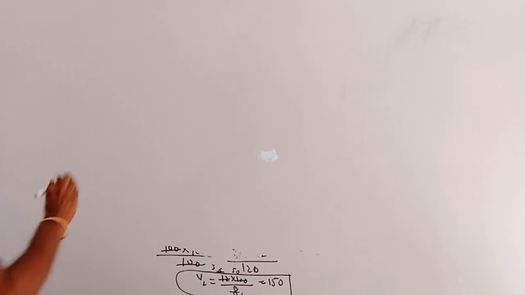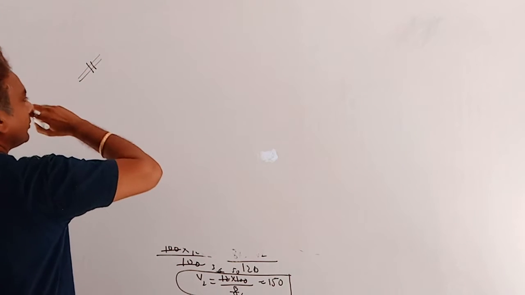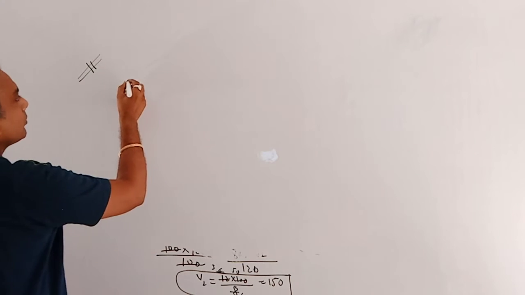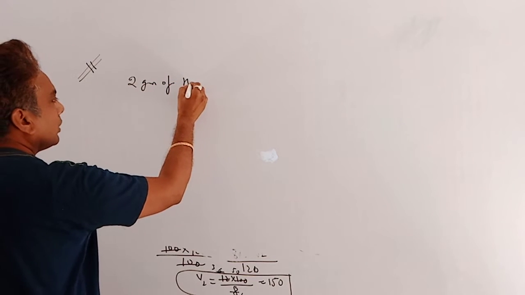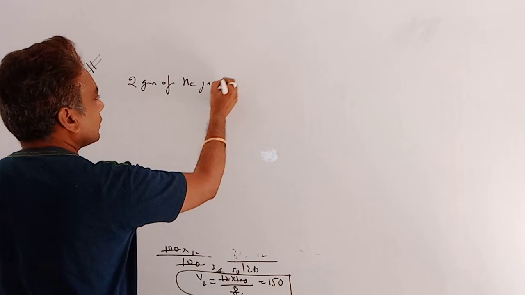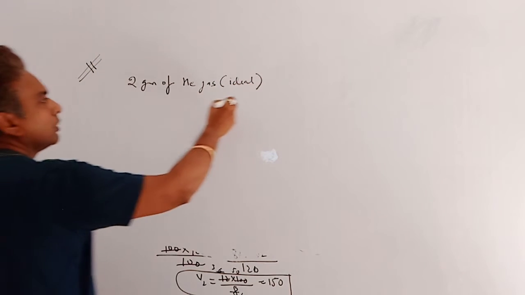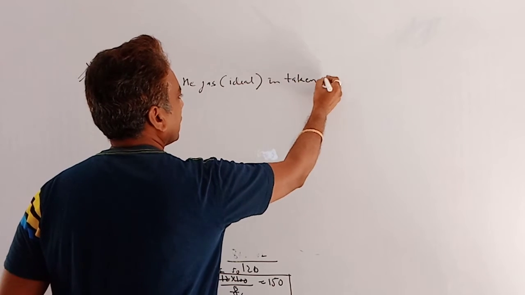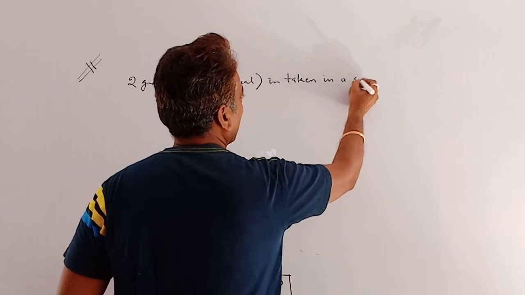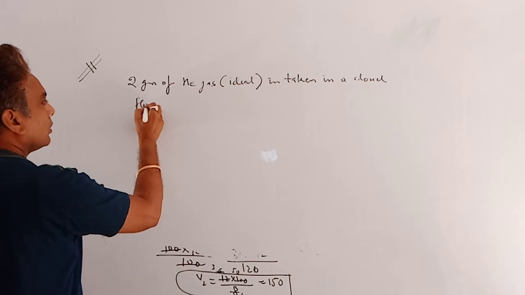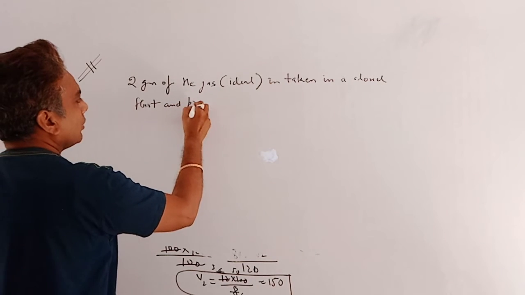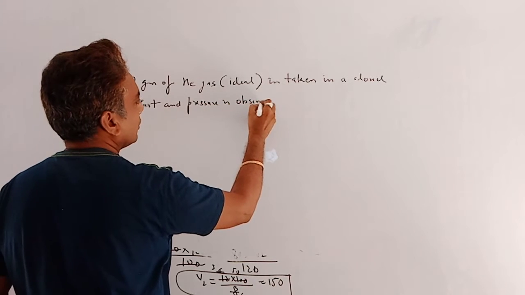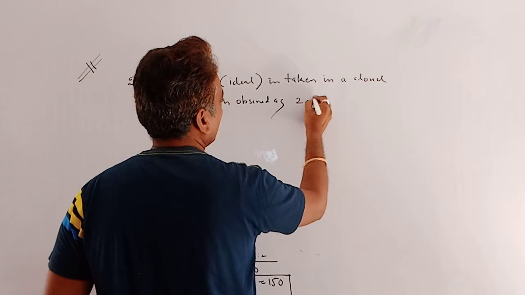Next question is: 2 gram of helium gas, which acts as ideal, is taken in a closed flask and pressure is observed as 2 atmosphere.